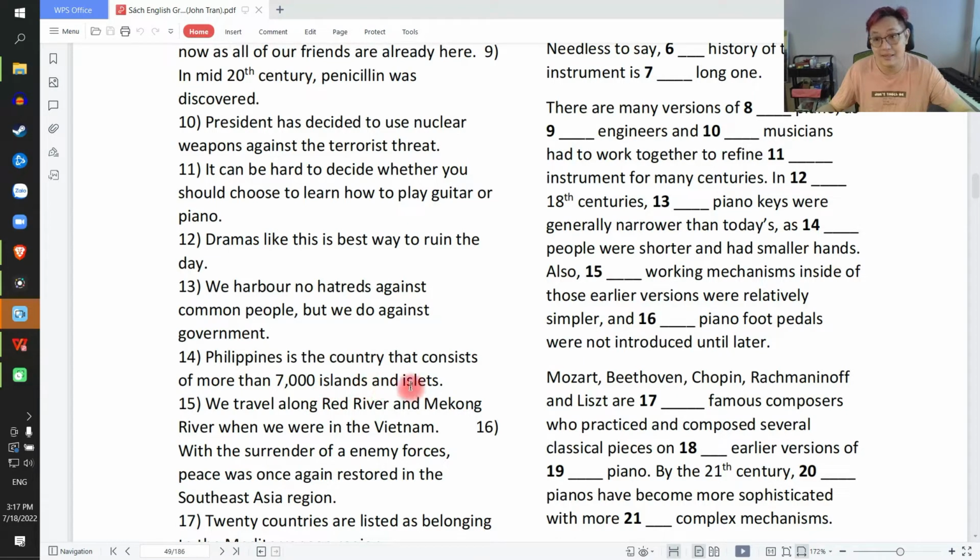Islands and islets. Islands, phải là Iceland nha. It's islands and islets. The Philippines là một đất nước mà nó bao gồm hơn 7.000 cái hòn đảo và những cái đảo nhỏ.